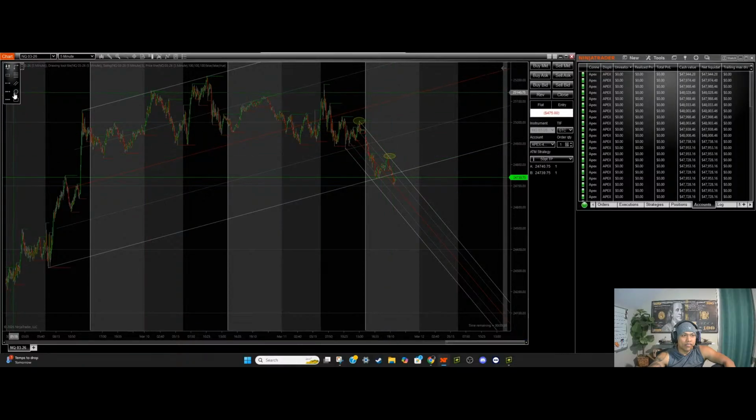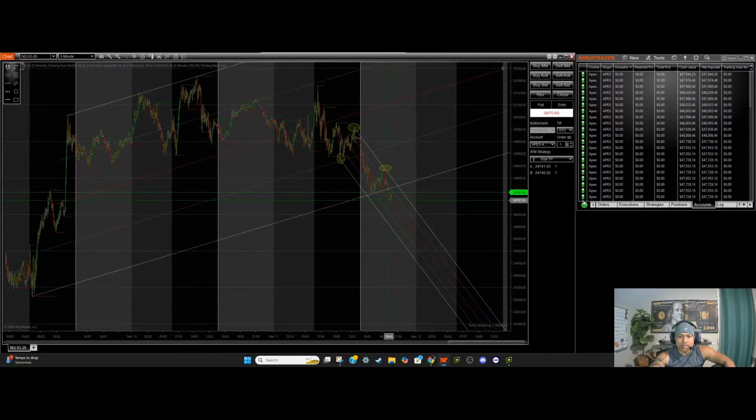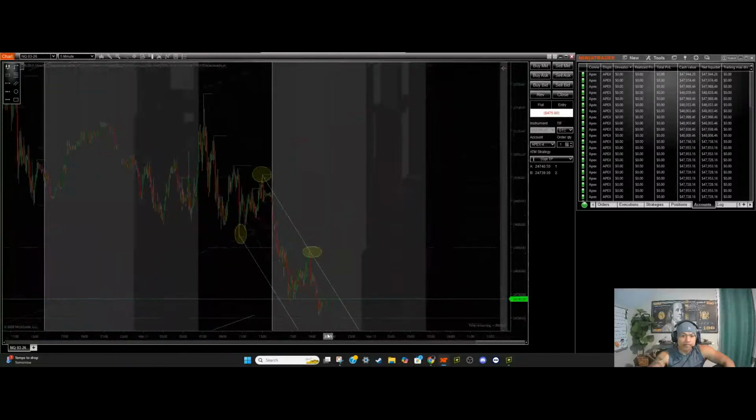I want those two lines touching, and then the swing low is here. And when you look at the middle, it's matching here, matching, right? There's confluence. That's all I'm looking for. It's just confluence of behavior. I just want to see it behave a certain way.